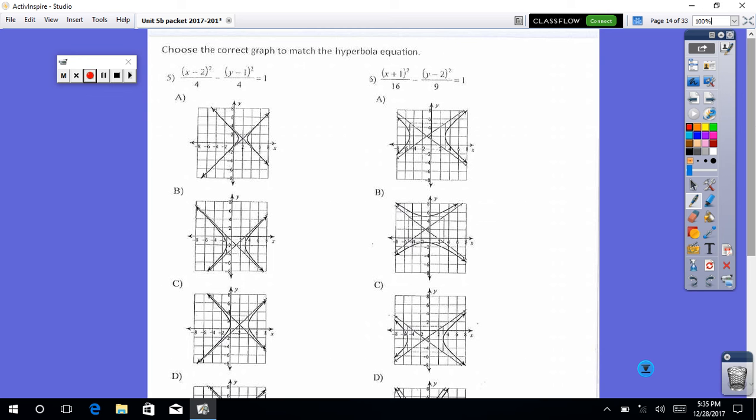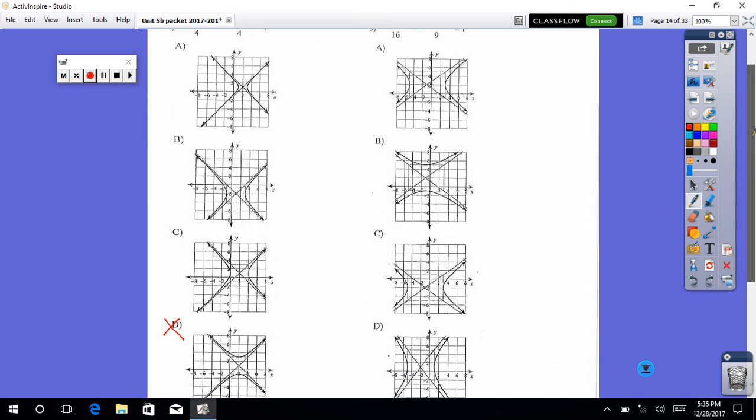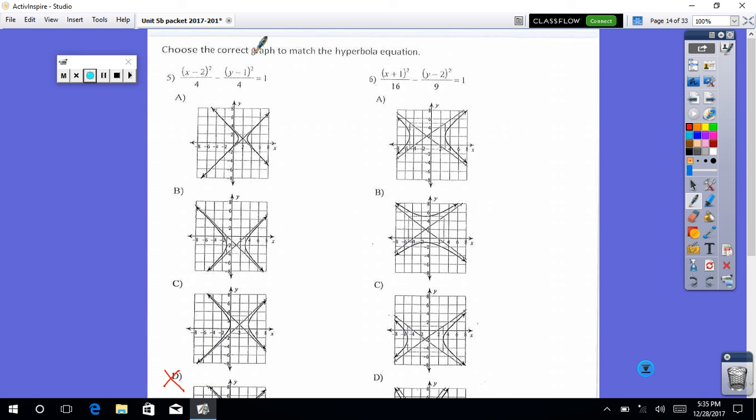So I know I'm looking for an x hyperbola. It looks like I can only eliminate one answer choice here, which is answer choice D, because it is a y hyperbola, where y would be the first variable listed, not the x. Now it also tells me that this is x minus 2 and y minus 1.